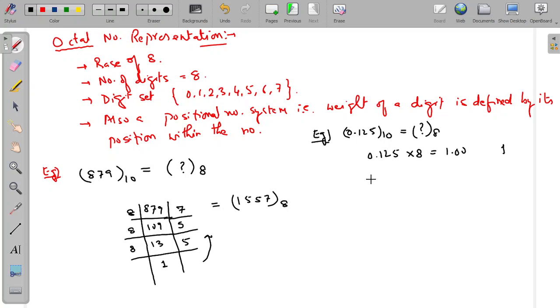Carry is 1. We can stop here because we have obtained the fractional part as 0, so we can write that 0.125 in decimal is actually equal to 0.1 in octal. Okay, so take some questions for practice.